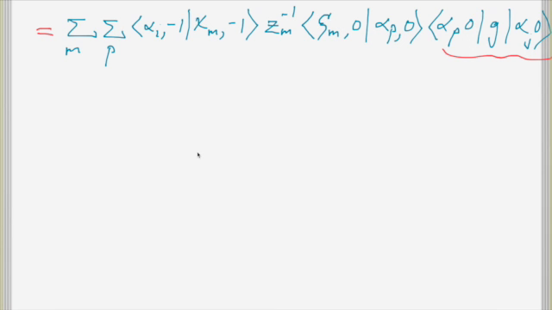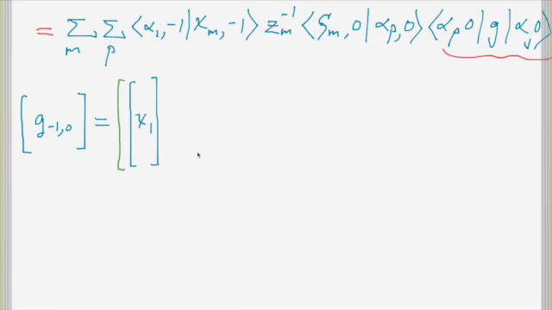What we've got is that my 4x4 matrix, G(-1, 0), is equal to the matrix of chi's: chi 1, chi 2, chi 3, and so on, the chi's that you got from your generalized eigenvalue solver.